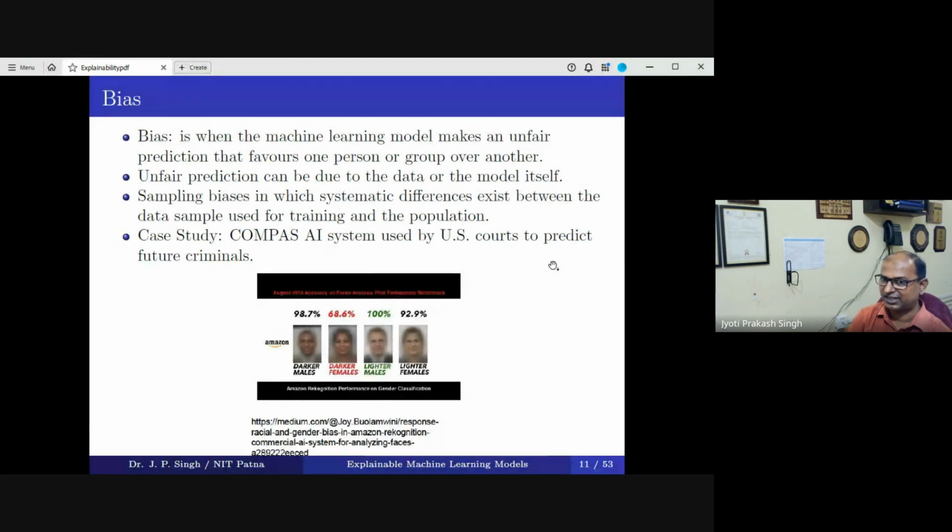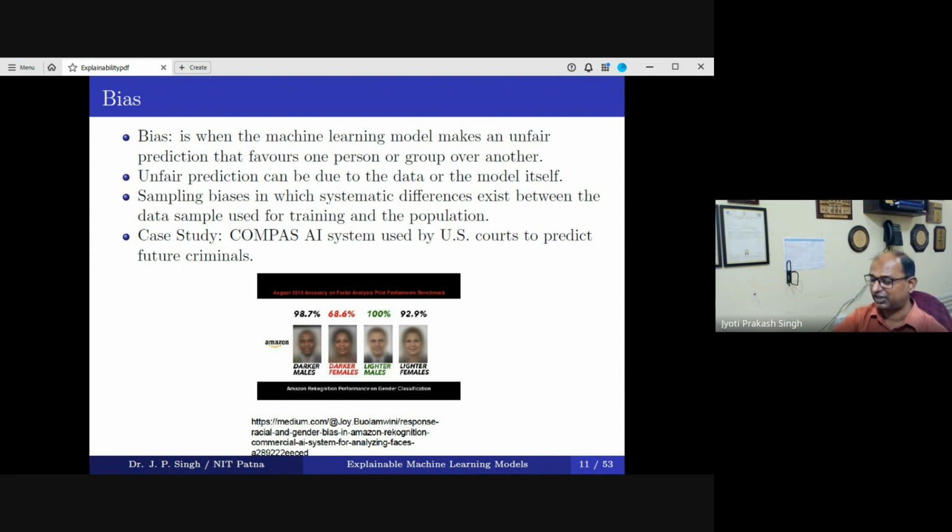One case study is the COMPAS AI system. This is used by US courts to predict future criminals, and it was found that for the same offense, black and white people were given different verdicts. A white person might be let off or given a small fine, whereas a black person is sentenced to say 3 to 4 years of jail along with a hefty fine.